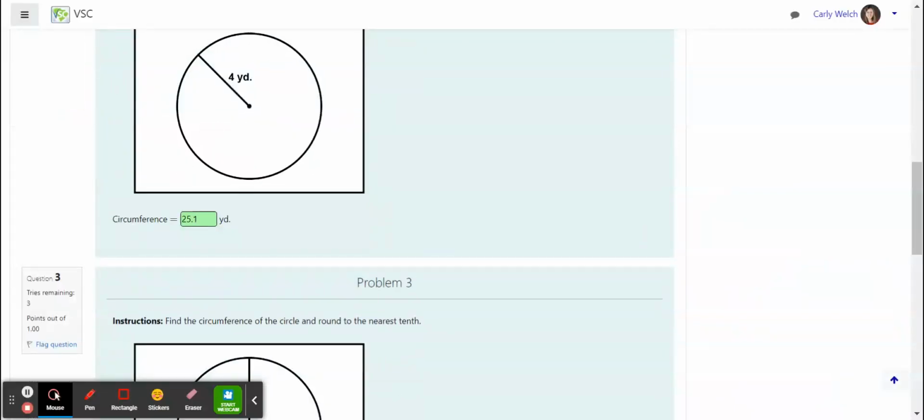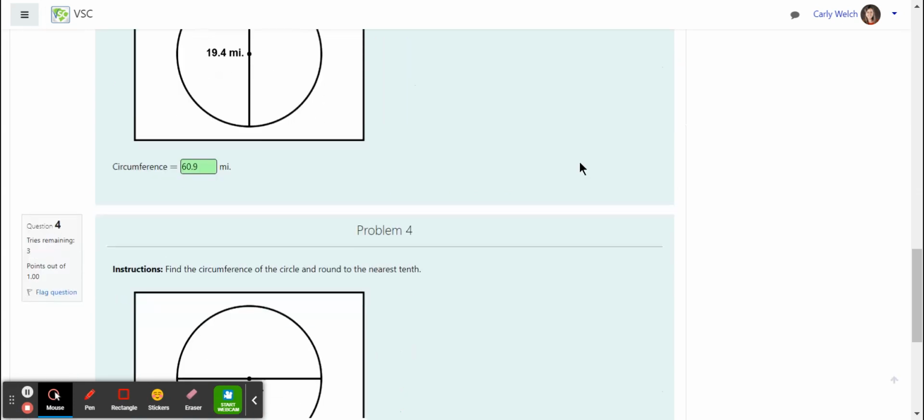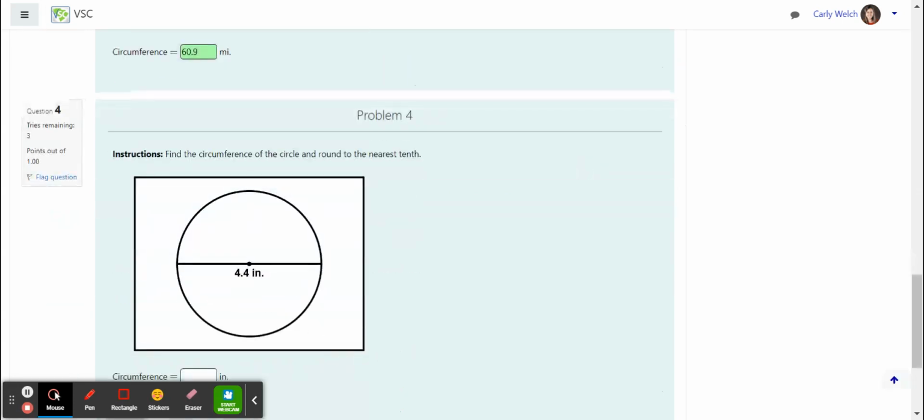And then on this one, 19.4 is my diameter. So my diameter formula is pi times diameter. So 60.9. The easiest way is just use Desmos and have both pulled up, and then you can just substitute these values in. Diameter is 4.4, so I'll use this second equation, so 13.8.